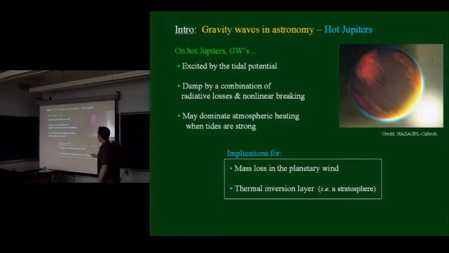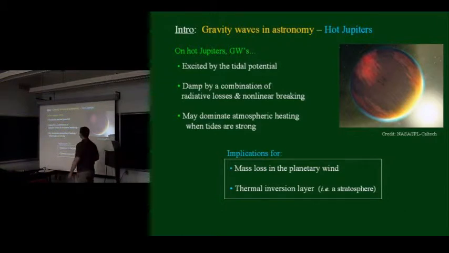So now when we move on to the case of these short period extrasolar planets, the so-called hot Jupiters, with orbital periods of a few days, surface temperatures, at least on the day side, of 1,000, several thousand Kelvin. Here instead, you will get a significant excitation of gravity waves, not by convective overshoot, but by the tidal potential itself, if the planet is on a slightly eccentric orbit, or if its rotation rate is not synchronized with its orbital rate.